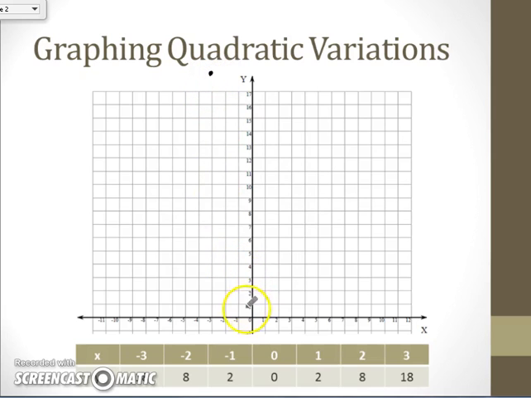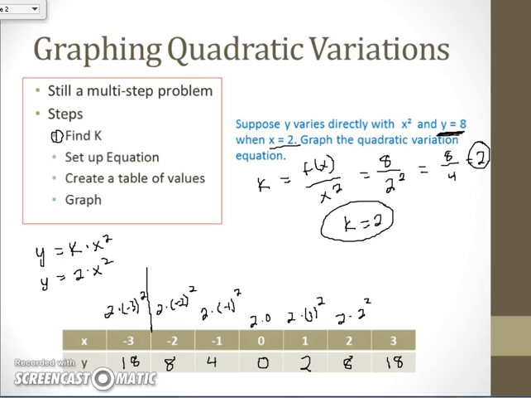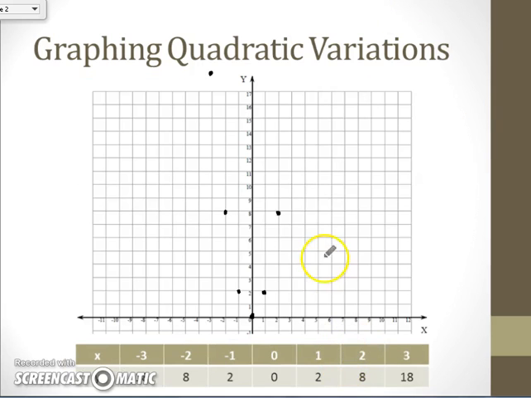It's up here. -2, 8, -1, 2, 0, 0, 1, 2, 2, 8, and I feel like on my previous one I had a mistake. This one here, -1 squared is 1. This should be 2. And then 2, 8 we did, and 3, 18.